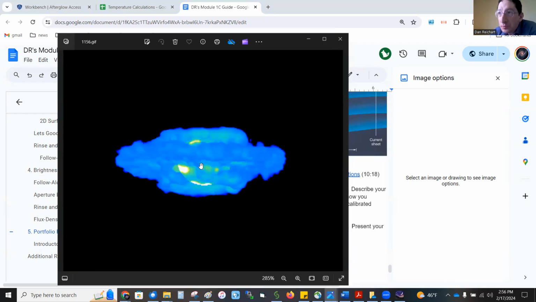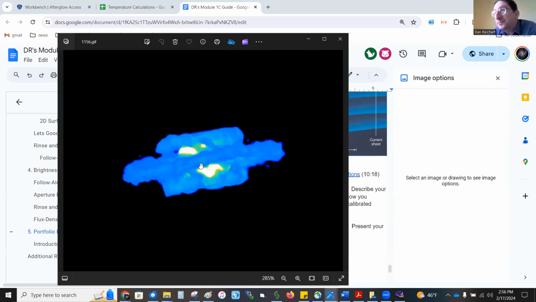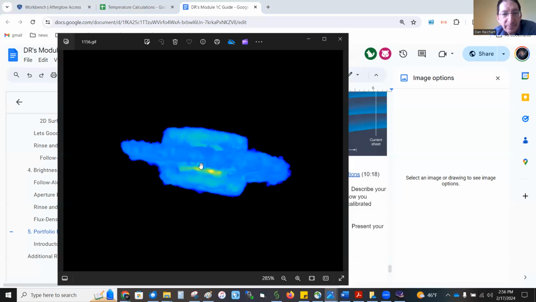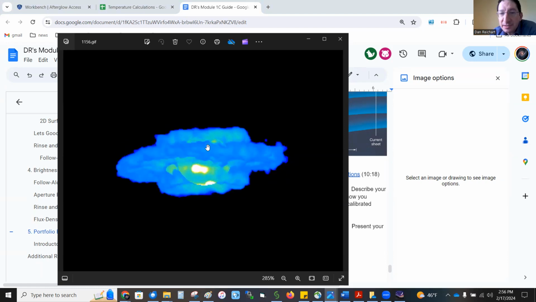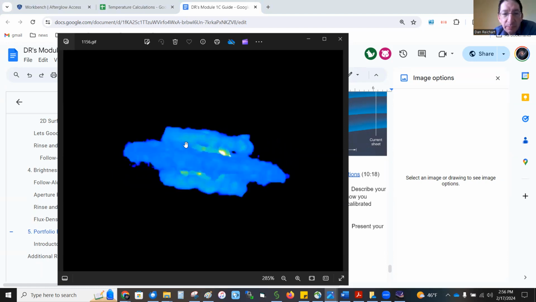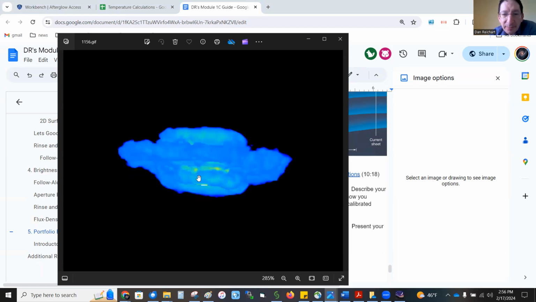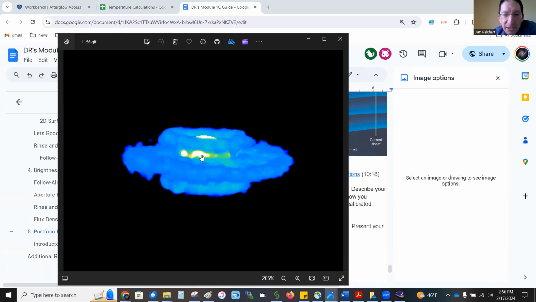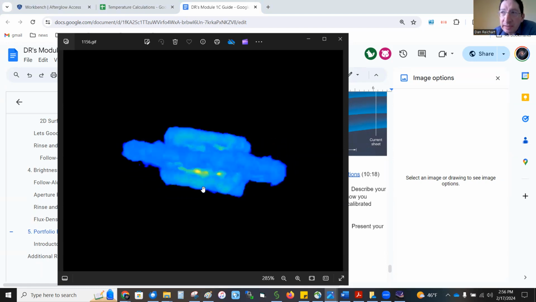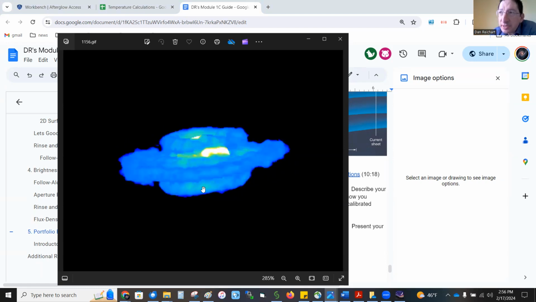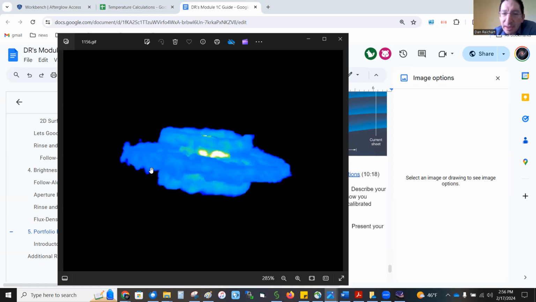This is a movie made by a radio interferometer in Australia. The sphere at the center is just for reference. That's the size of Jupiter. But the blue haze is the synchrotron emission coming from about it. The little bit on top and a little bit underneath are pockets in Jupiter's magnetic field where charge gets trapped, kind of like the Van Allen belts here on Earth.